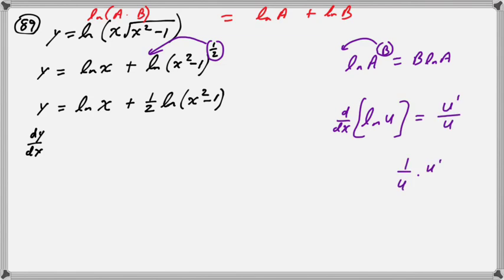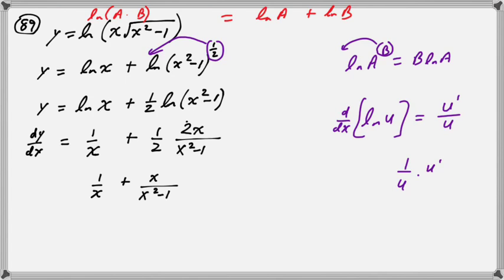Could also be written as u prime over u. So, u prime over u. So that gives me this plus the 2's canceling this.